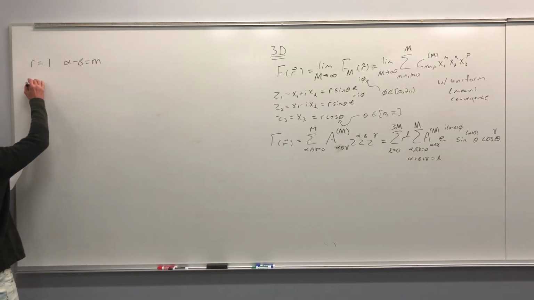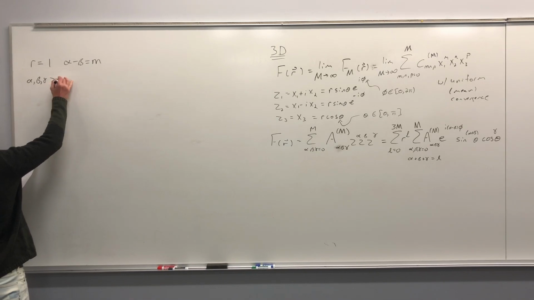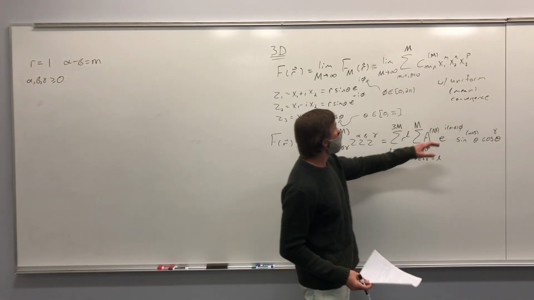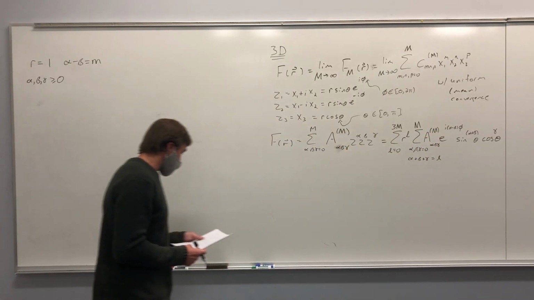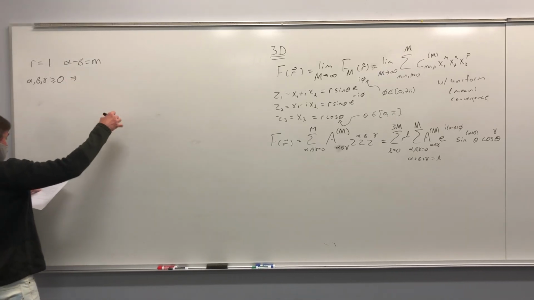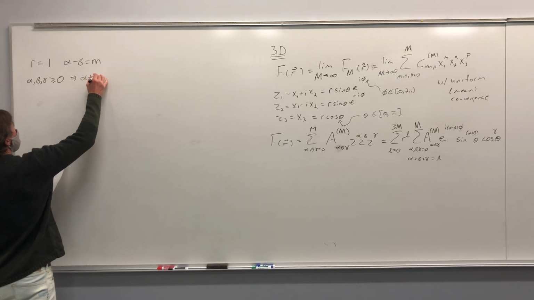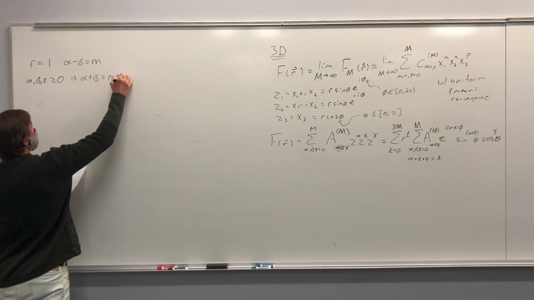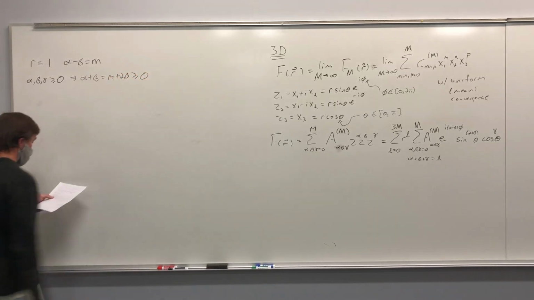Now, we know that alpha, beta, and gamma are greater than or equal to 0. These are polynomials in Z with positive powers. Therefore, and again, this is going to seem silly, but it'll pay off in the end, alpha plus beta, which is just m plus 2 beta, is greater than or equal to 0.